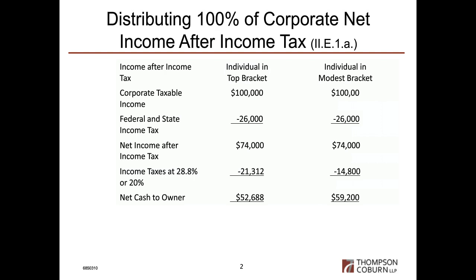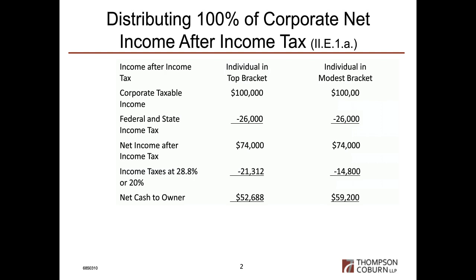Now we're going to apply the tax rate on the dividends at the highest tax rate that would apply to an individual. Now, dividends from a C corporation are generally taxed at the same tax rate as long-term capital gains. And on this slide, we have a 28.8% rate being applied for the top taxpayer, and that consists of three things.